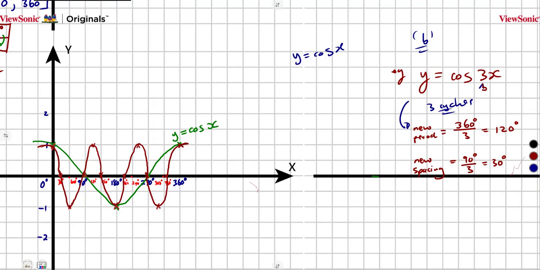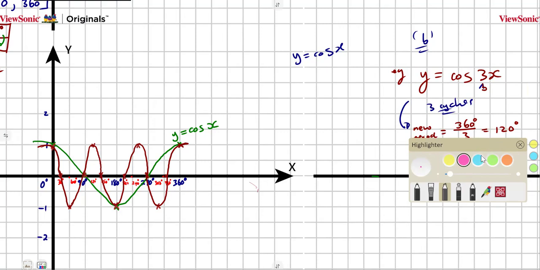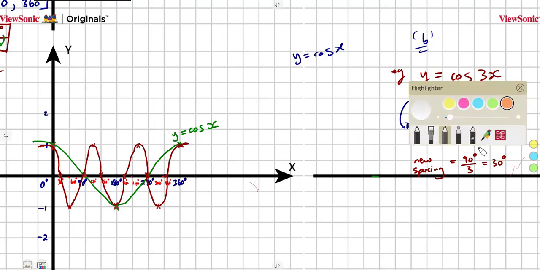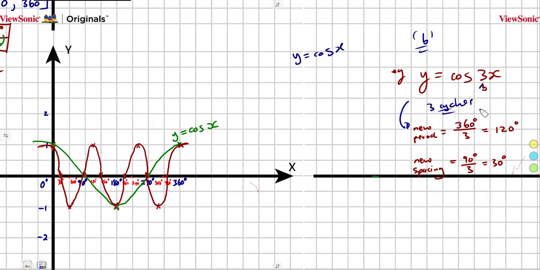So these are the effects, how to affect your graph. One cycle in 120 degrees, as we considered before. If we check properly, from 0 to 120 degrees here is a complete cycle.